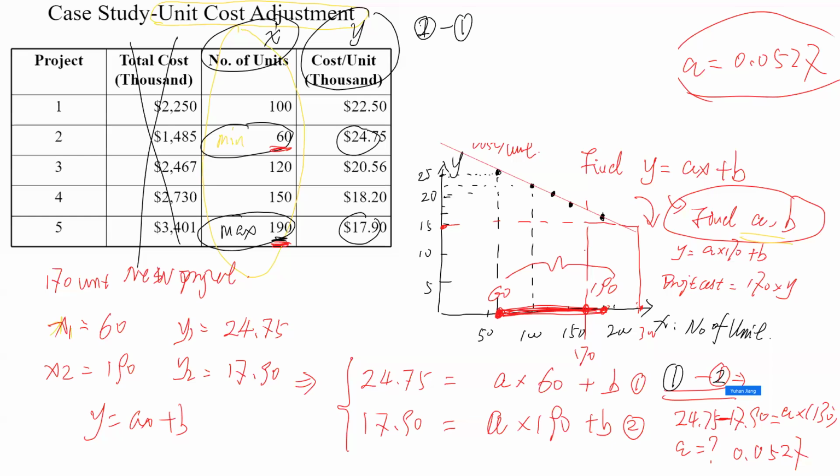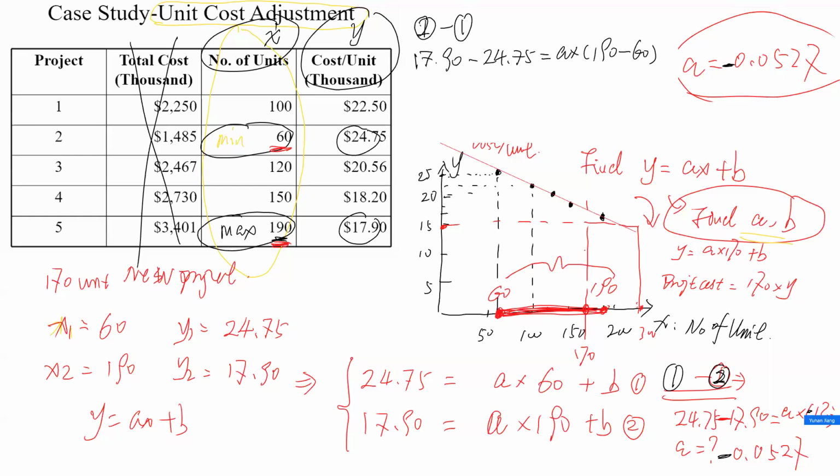So if we're using equation 2 minus equation 1, we get 17.19 minus 24.75 is equal to A times 119 minus 16. Right? Is that correct? Okay, my bad here, it should be -1. So this will be negative here.